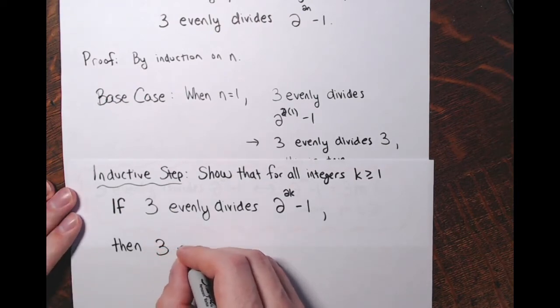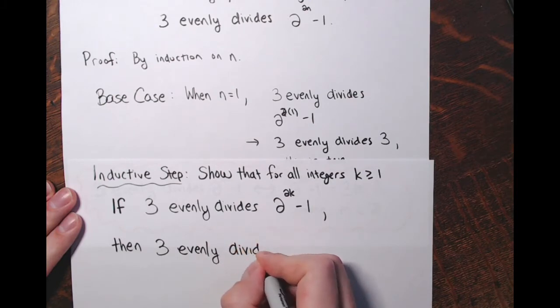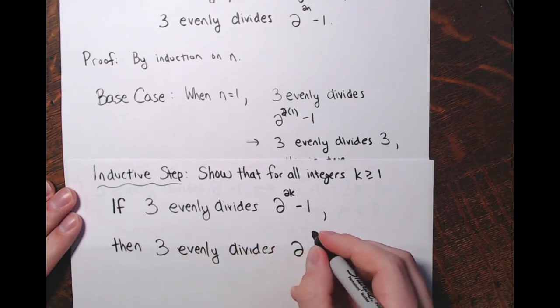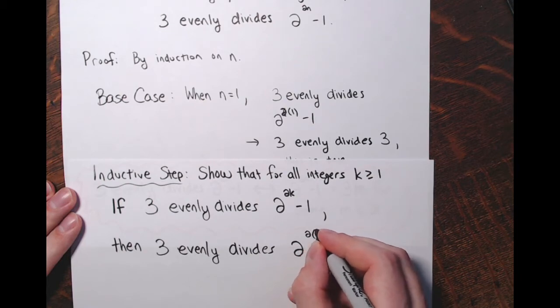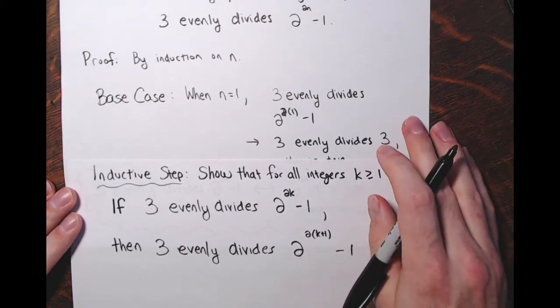Then 3 will evenly divide 2 to the 2 times the quantity k plus 1, then minus 1.